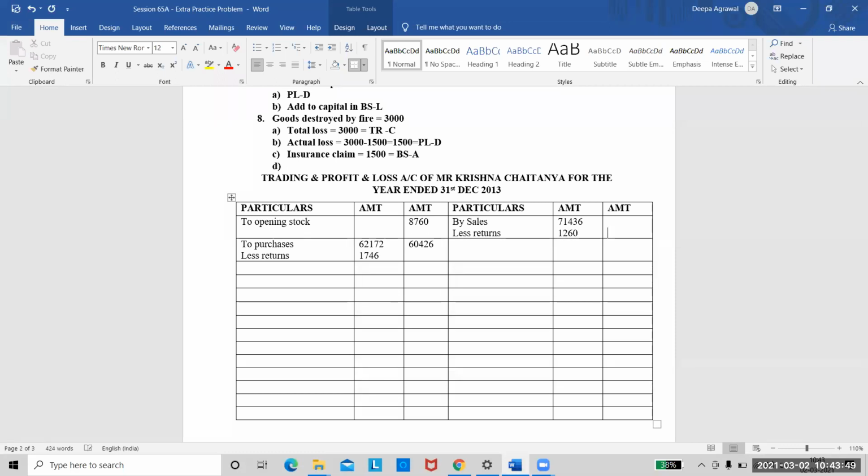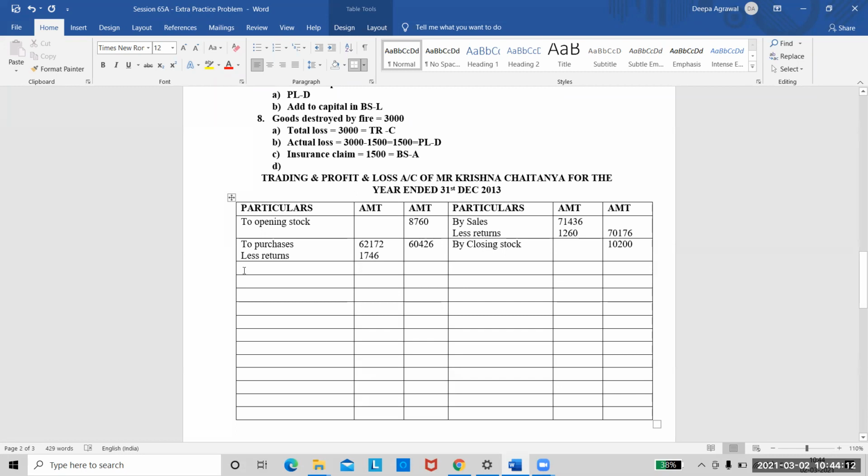Tell me the outer column. 70176. Okay. Now we'll take the closing stock. Tell me the amount of closing stock. 10,200.